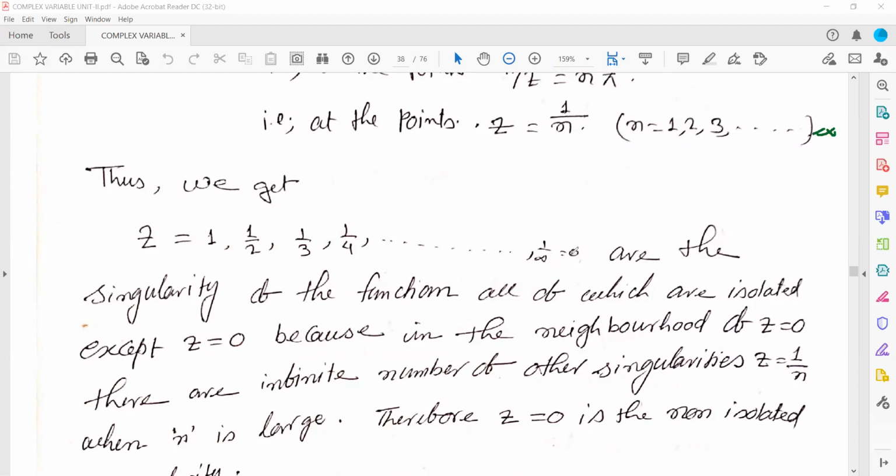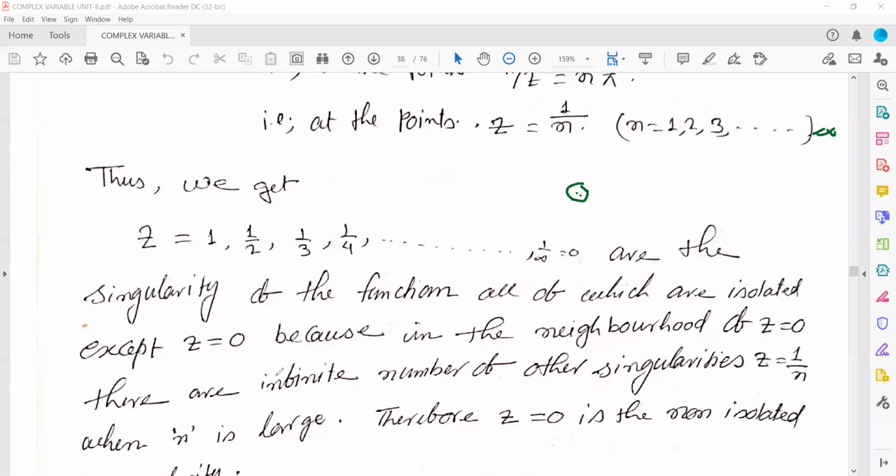But before that, whatever singularities you are getting will be very, very near to 0. And so if you draw a circle with center at 0, then other singularities will also be inside this small circle.